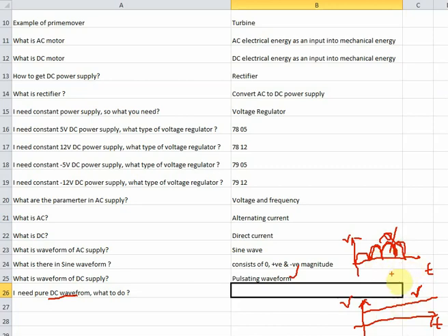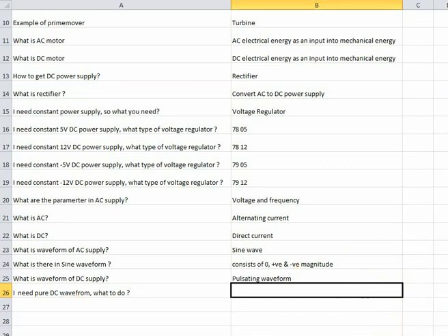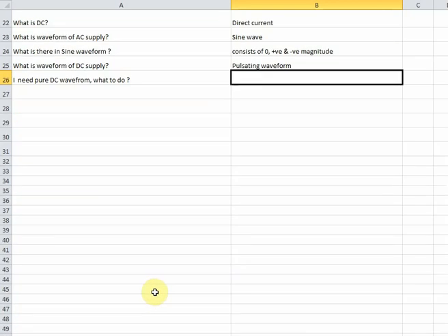Those are fluctuations. Then what to do? You can use a filter. A filter is a combination of inductance and capacitance. I need a pure DC waveform. What to do? The answer is use a filter. That's all.